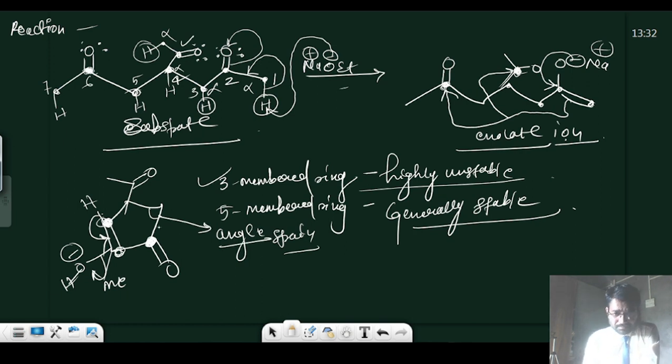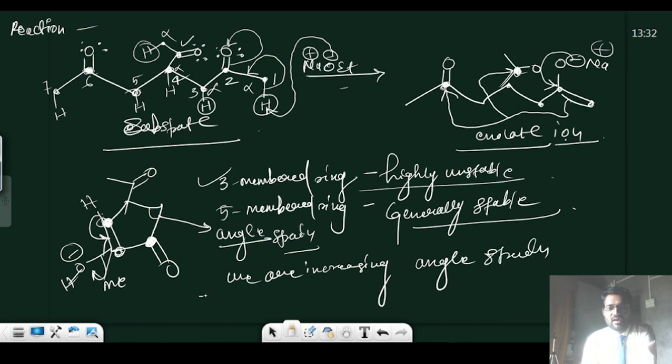And in this angle strain, again you are generating one double bond system. Again we are increasing angle strain.